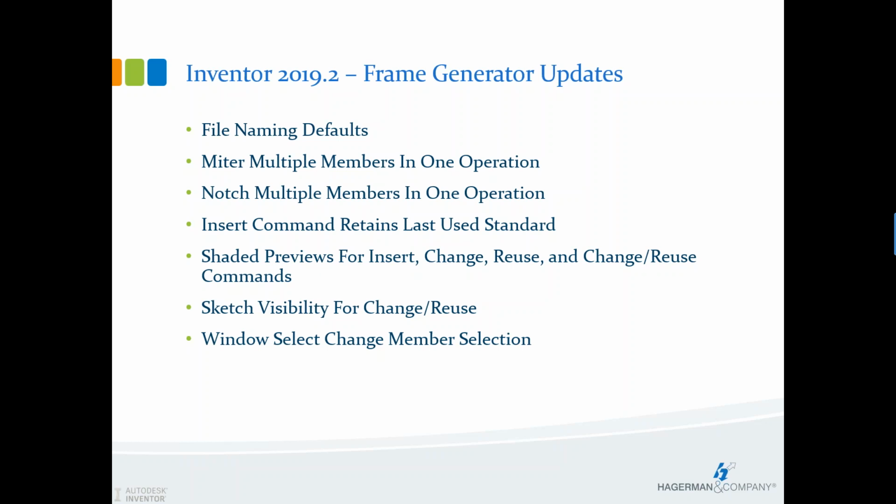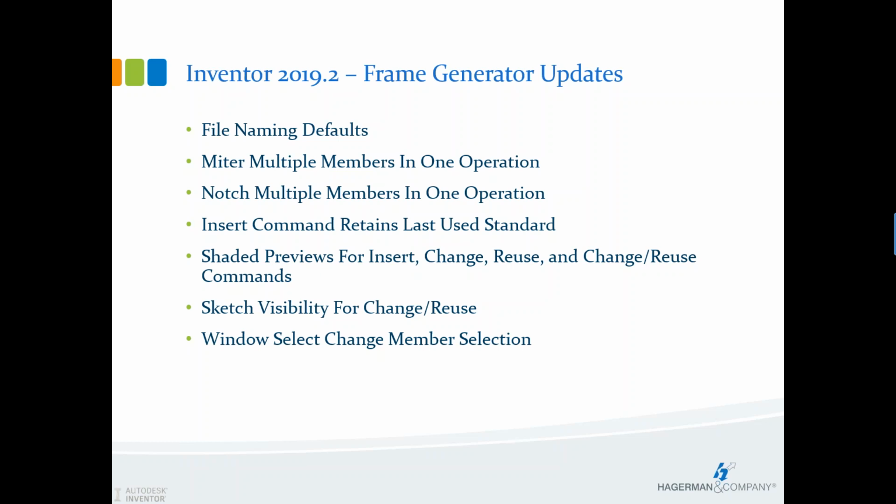The insert command, when inserting frame members on your skeletal model or reference shape, automatically remembers the last used standard. Whatever library you used last in this Inventor session, it's going to retain that information and have it ready to go. We now have shaded previews for inserting, changing, and reusing.